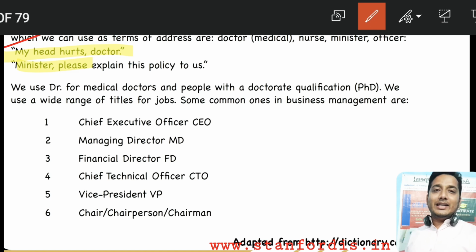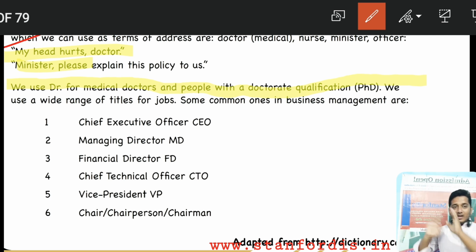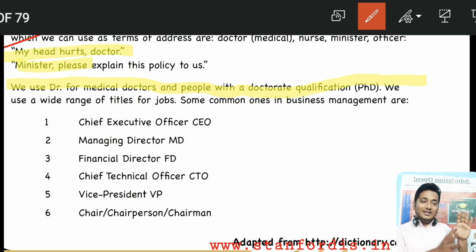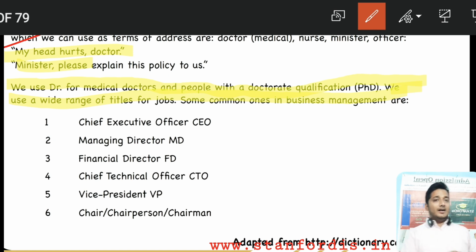Now, the thing which I explained: we use doctor for medical doctors and people with a doctorate qualification, that is, those who have an MBBS degree, a different profession, and those who have a PhD degree. I hope you understand. We use a wide range of job titles. Some common ones in business management are, you must have heard, CEO, Chief Executive Officer.